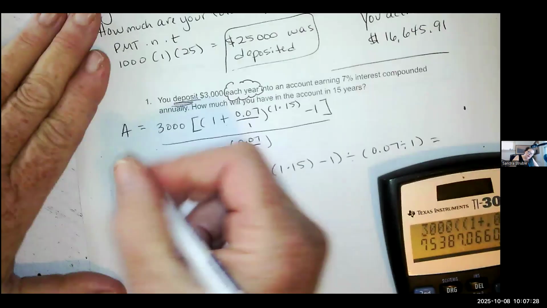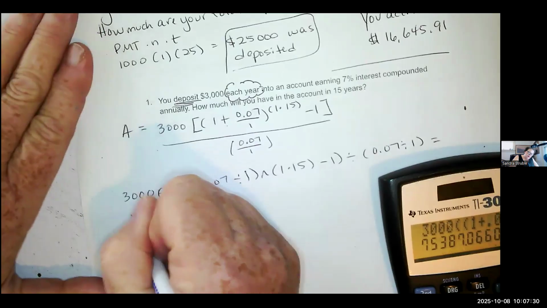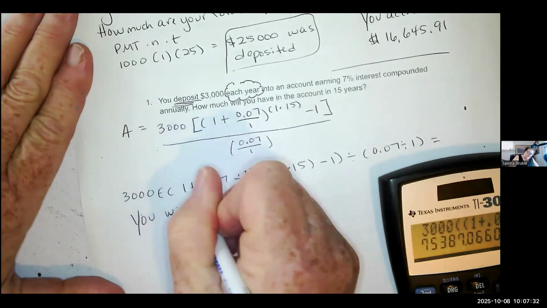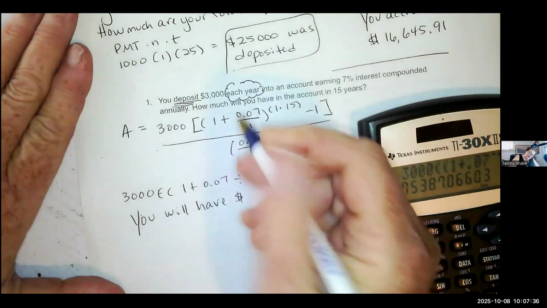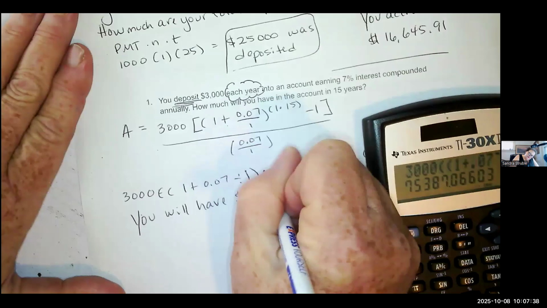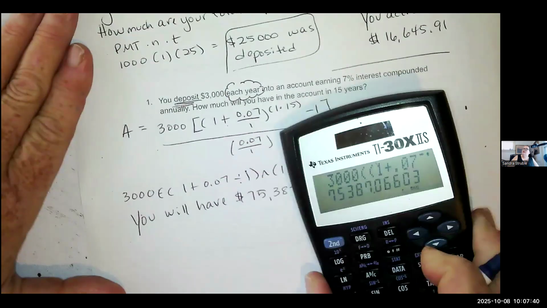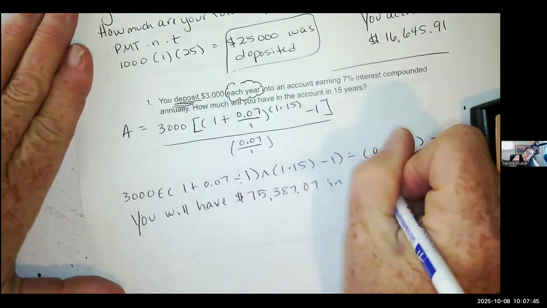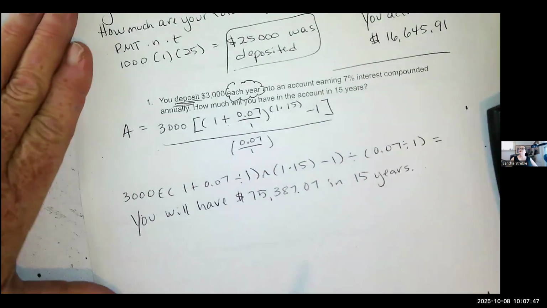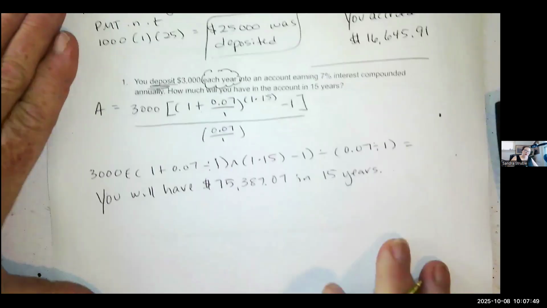Make sure you're rounding to that second decimal place. So you will have 75,387 and 7 cents in 15 years. And this is by depositing $3,000 a year into an account earning 7%.